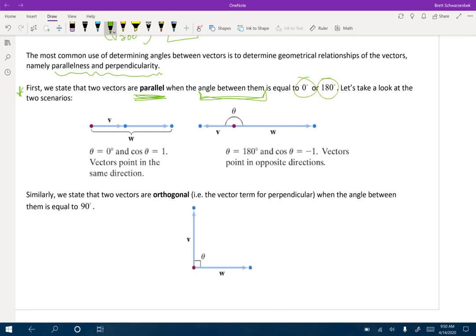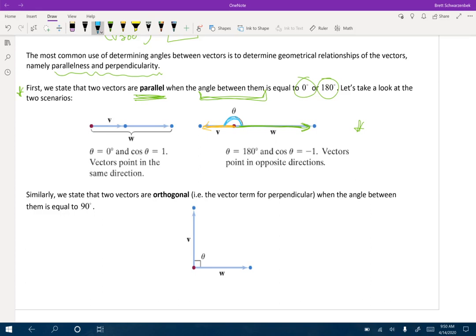Okay, so that's interesting. What I did was I gave you the pictures of what this looks like. I'm going to start with the right picture because it's easier for students to see. If you have two vectors, let's say we have W going in this direction, and we have V going in this direction. If we look at the angle between them, it is a perfect straight angle of 180 degrees.